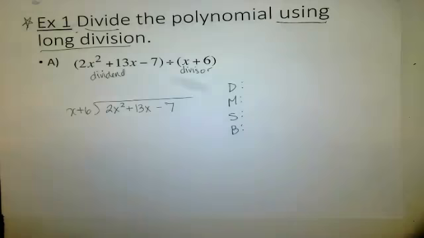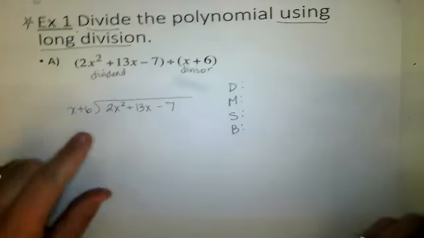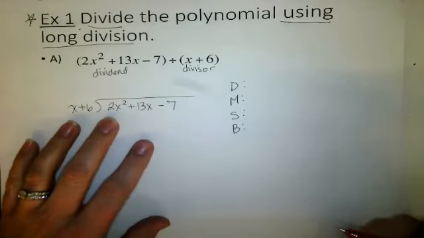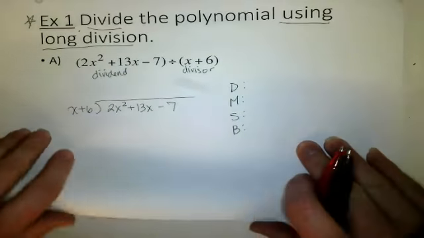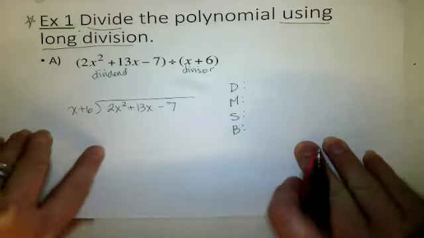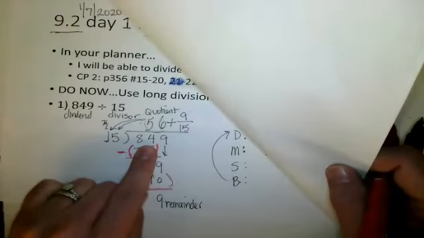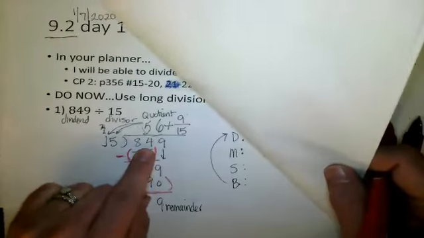So the first thing we're going to do is do a little simple division. Some cleanup, if you will. What do you think we're dividing? Remember, when we started with the numbers, I didn't look at the whole 849. What did we do? We looked at just 84. We looked at just the beginning part. We do the same thing here.